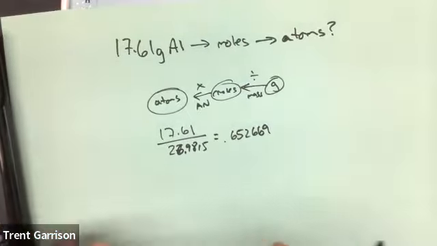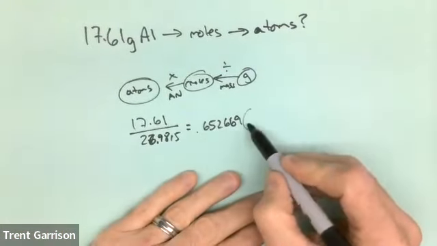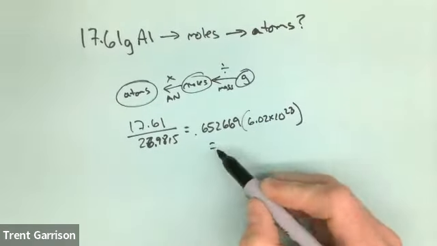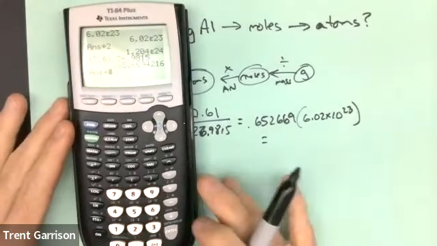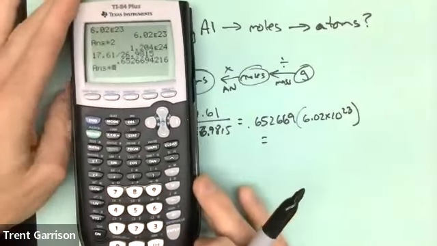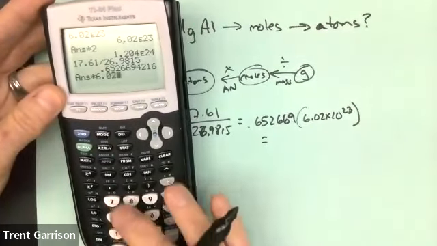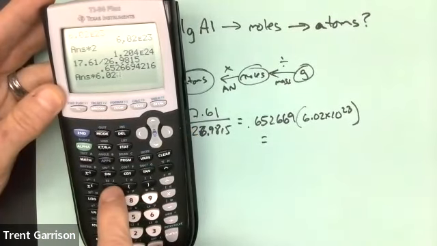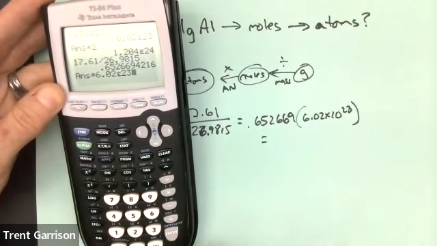All right, now the second step, because we're not done yet until we get to atoms, is that I'm going to multiply by Avogadro's number. It's important that you demonstrate that you understand how to do that task. So I'm going to multiply this by 6.02, and I push the second blue button, then push right above the 7, I push a comma, and then I would have 23.